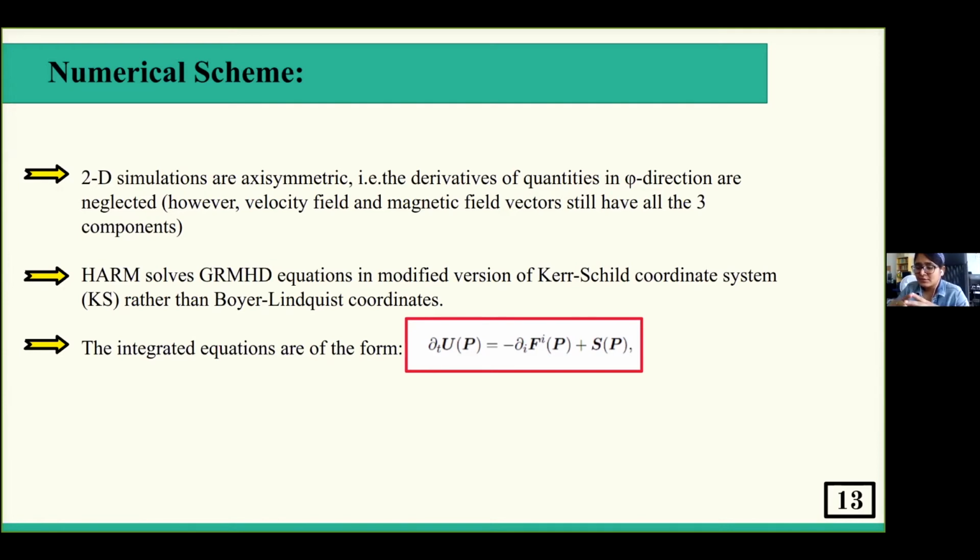U is conserved in the sense that if the source term is zero, it depends only on the fluxes at the boundaries. The vector P is composed of primitive variables such as rest mass density, internal energy density, velocity components, and magnetic field components, which are interpolated to model the flow within the zones.